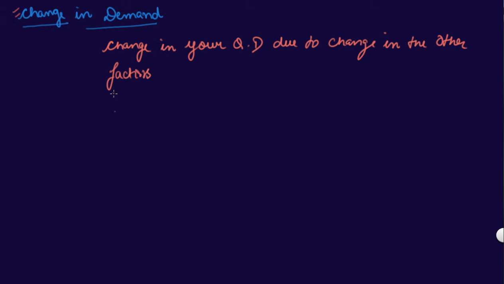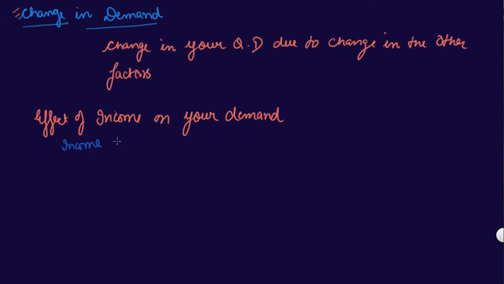The price of related goods, income, your taste and preferences, your expectation. So here, let us take the effect of income on your demand, right? So let's see, your income was rupees 20,000.